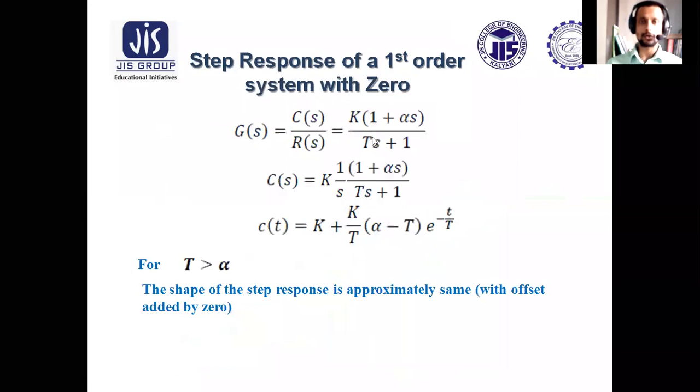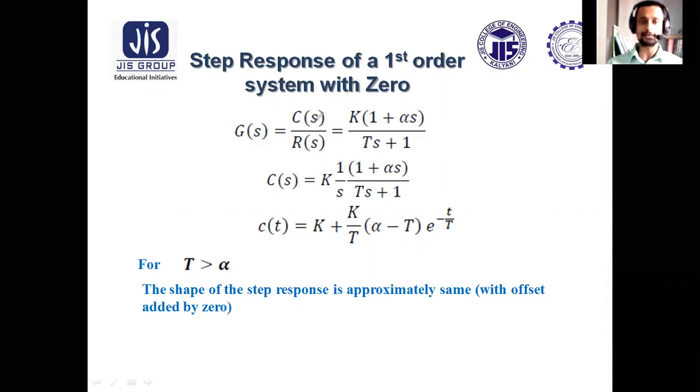Now let us discuss what happens if a system has a 0, that is a numerator term associated with s, along with a pole.